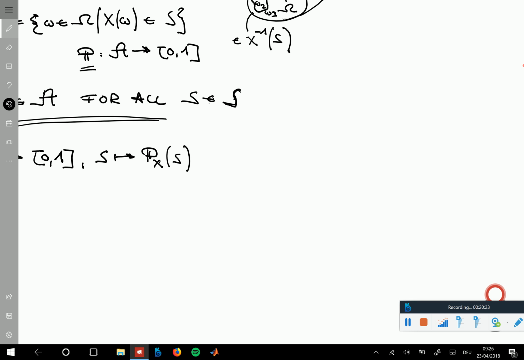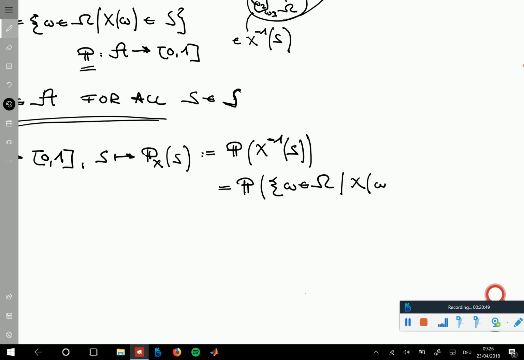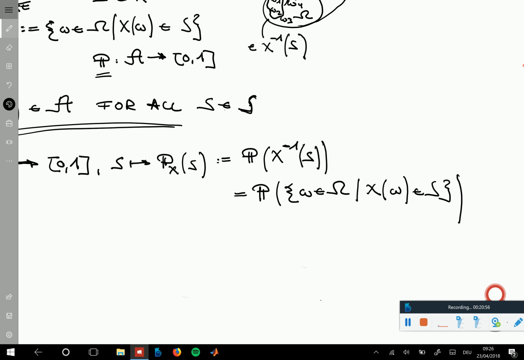And the most important thing follows now. This is defined as the probability of the preimage of S under X, which is by definition the set of the omega in omega for which X(omega) is in S. Yeah.